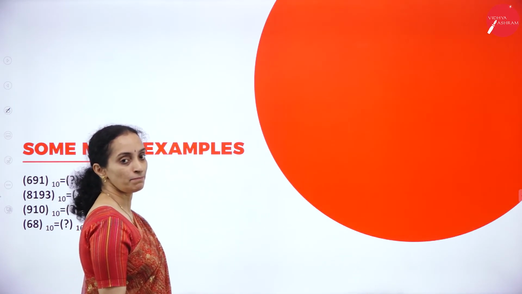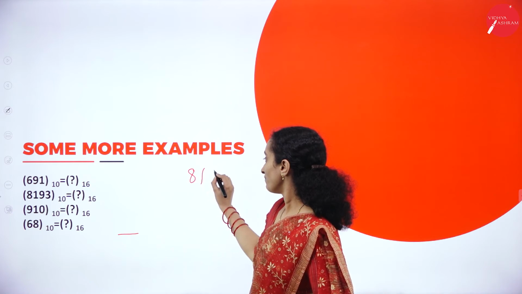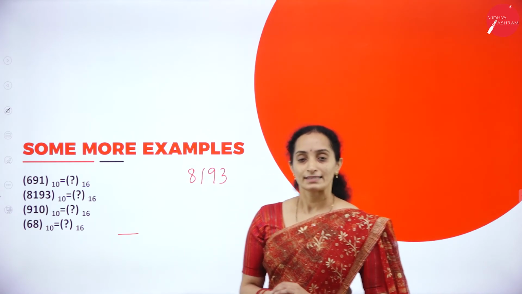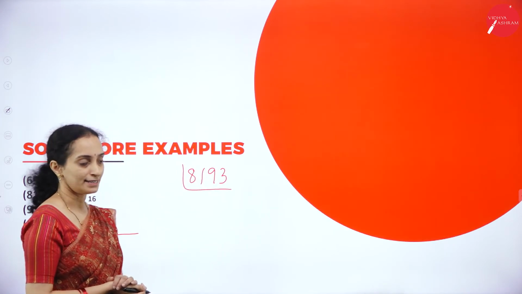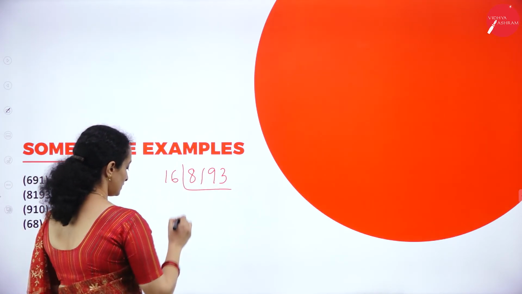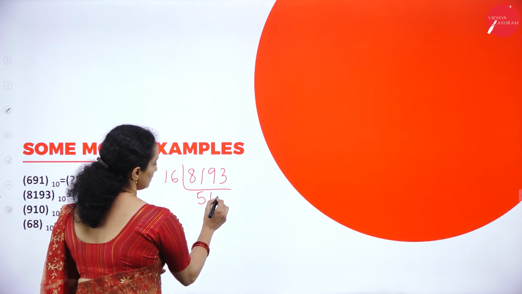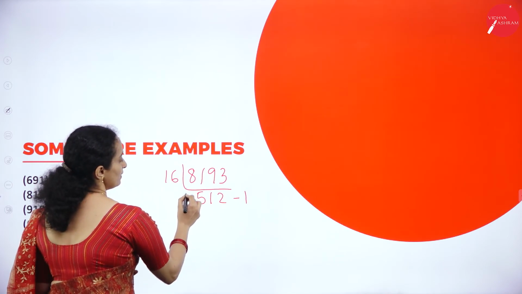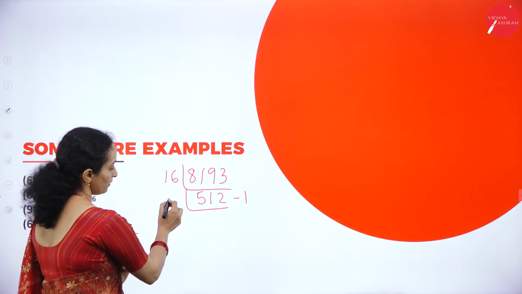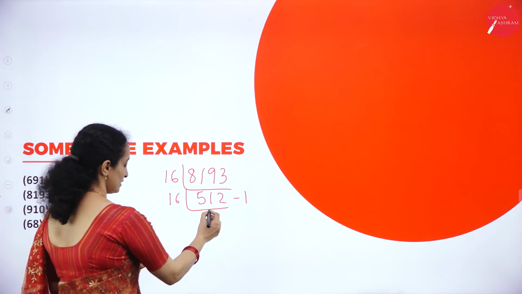Now, we shall take up an example, 8193. This number in decimal must be converted to base 16. So, what shall we do? 8193 divided by 16 will result in 512 with the remainder 1. Then the 512 will be divided again by 16.